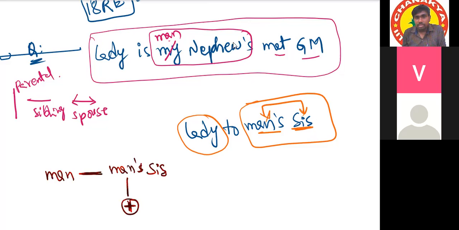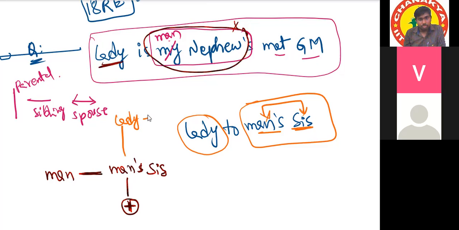Suppose I take this man's sister's son, the man's nephew, as some person X. Who is that lady? She is X's maternal grandmother, right? Yes, sir. It means that lady is the mother of this man's sister, and even of the man.